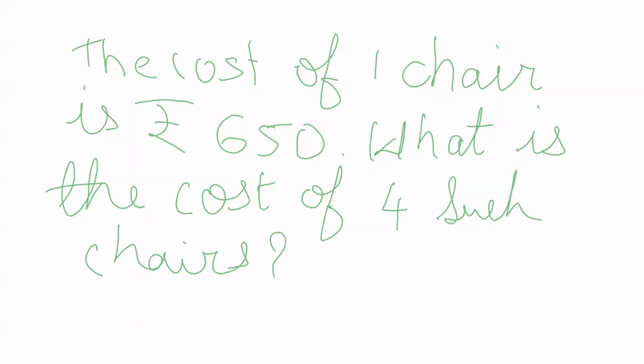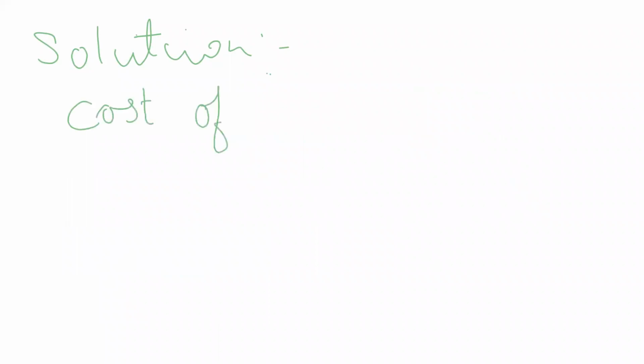So for this, what we are going to do is, first we are going to write the statement. What is the given statement? Cost of one chair. So solution, we will write: cost of one chair is rupees 650.